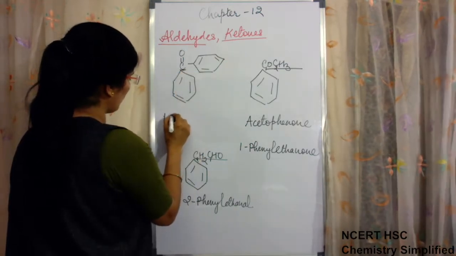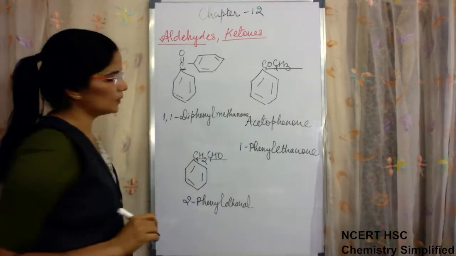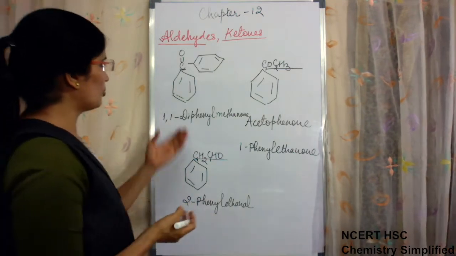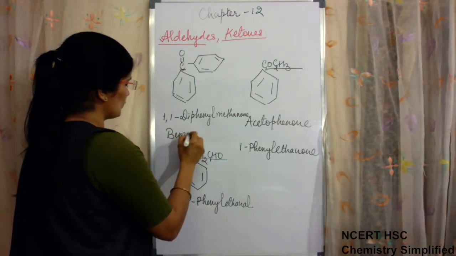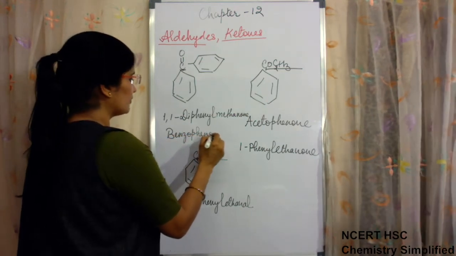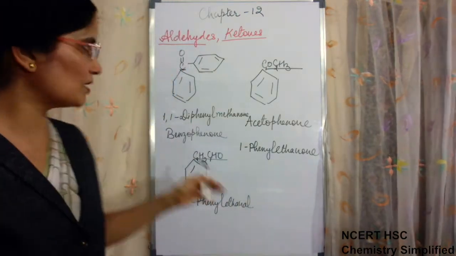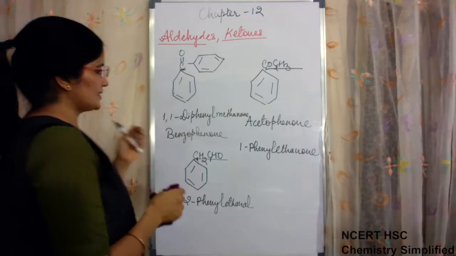So 1,1-diphenylmethanone, and in common naming it will be known as benzophenone. This is benzophenone. Okay, so this is something about the naming and nomenclature of aldehydes and ketones.